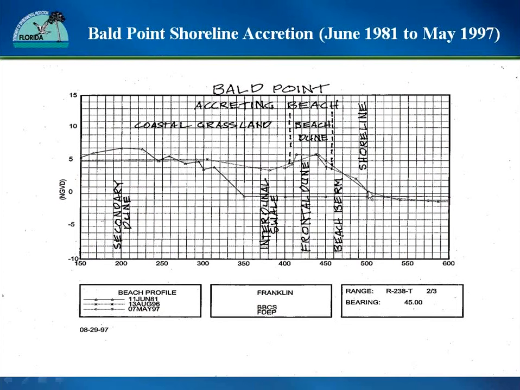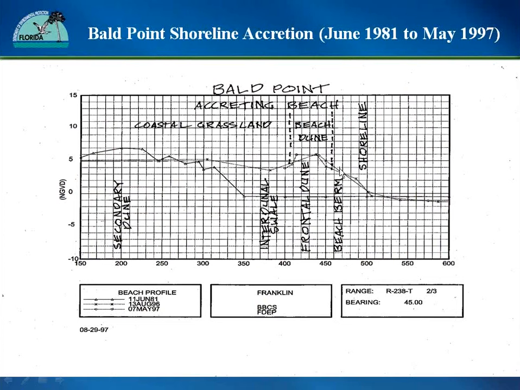Not bad. If I look at other setback lines that were established in the state, let me think about Volusia County, Daytona Beach. That setback was established immediately seaward of the seawalls so that people could go in there and maintain their seawalls without being bothered by the state.